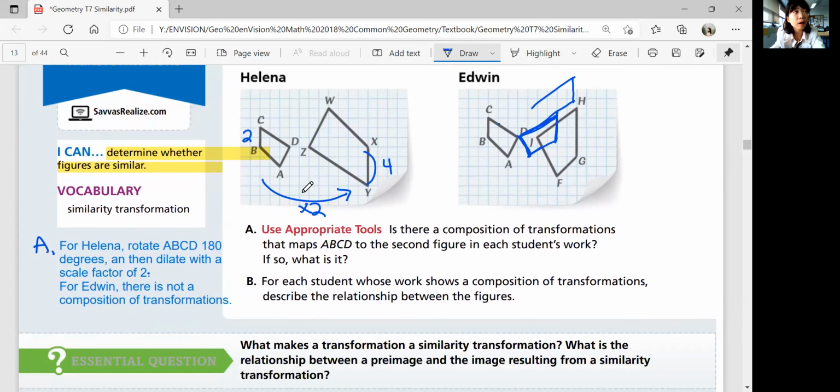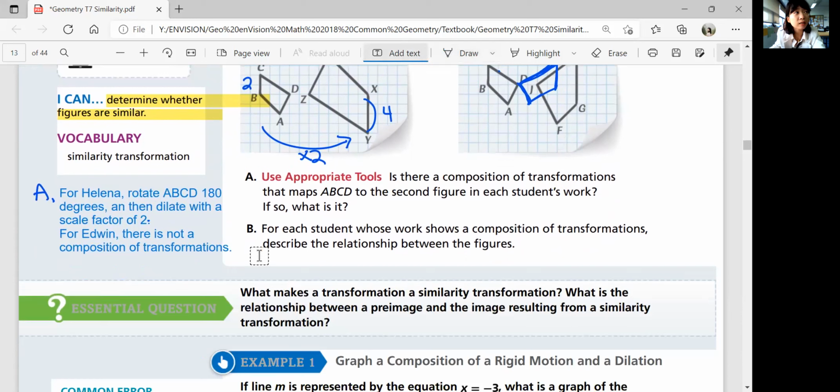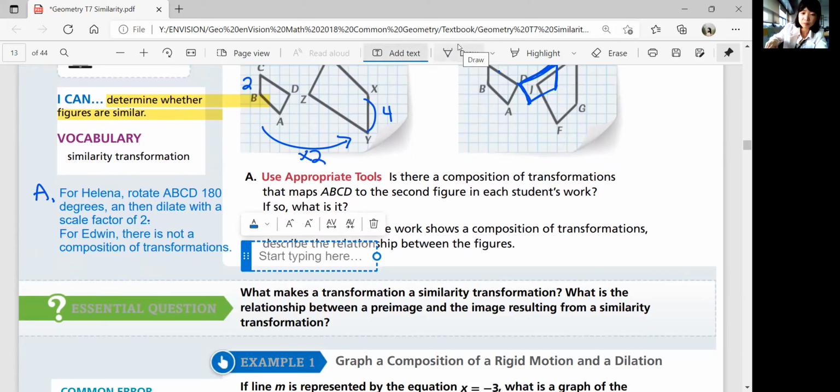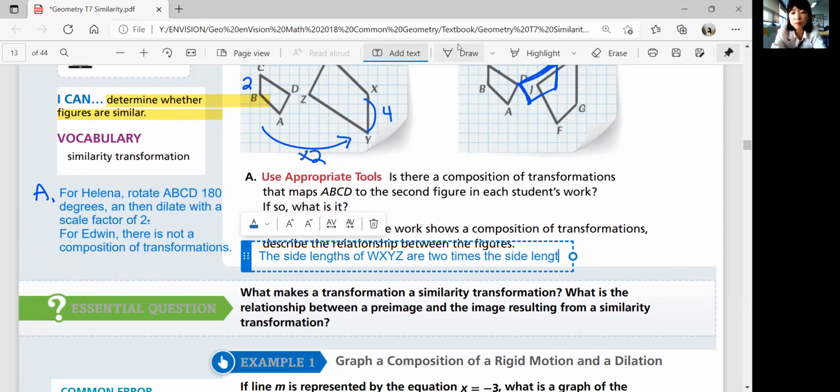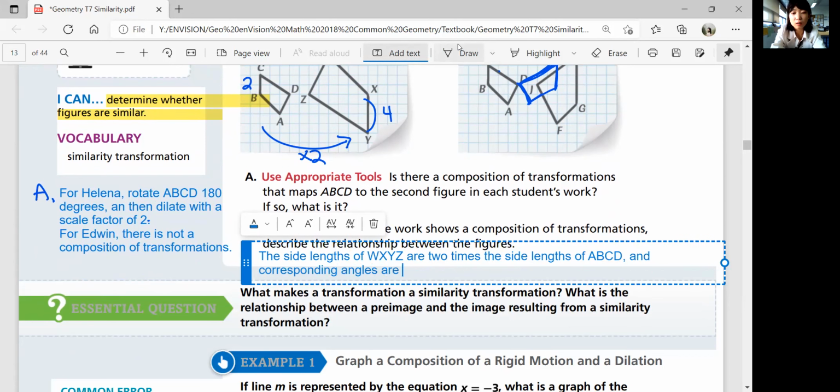And we'll talk about that more, but let's describe first. The side lengths of WXYZ are 2 times the side lengths of ABCD, and corresponding angles are congruent. Okay, what else?